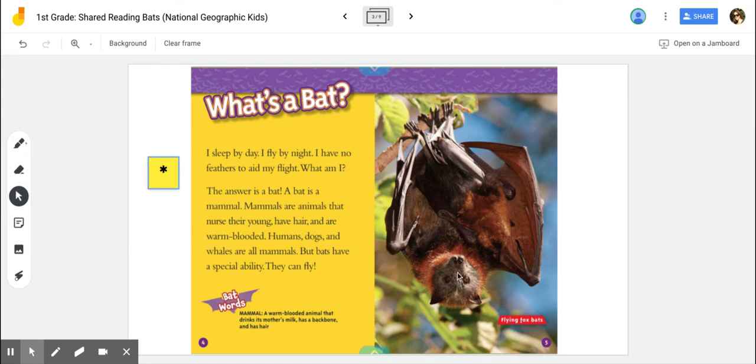Look at our picture. The label says that's a flying fox bat. Ooh, maybe because its face looks like a fox. Here it says bat words. Mammal, a warm-blooded animal that drinks its mother's milk, has a backbone, and has hair. Let's go to the next page.